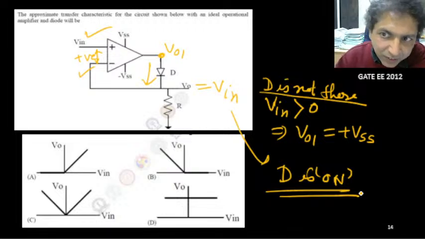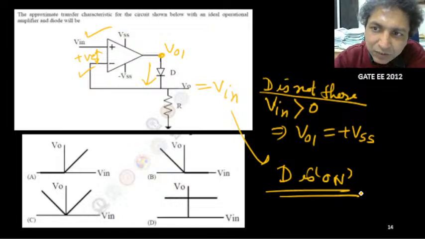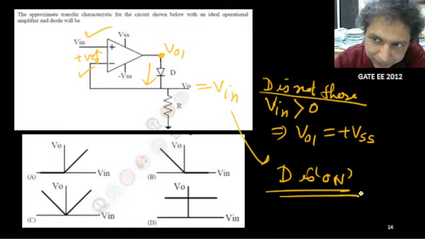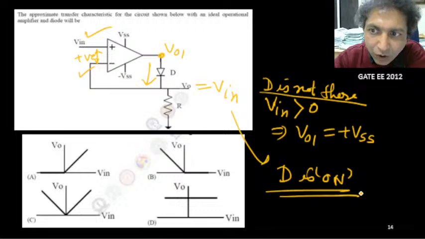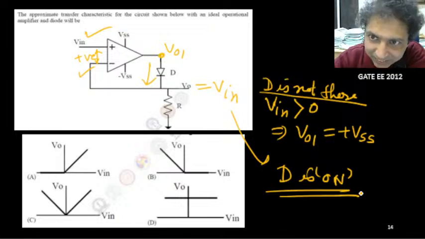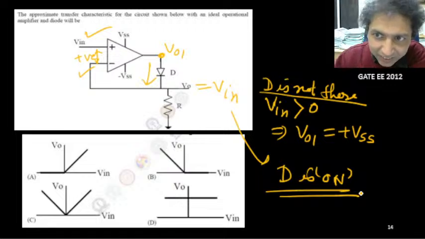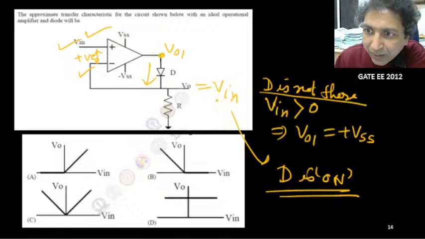If V in is positive, we get a very high potential at the output of the op amp, and that will make the diode on. As the diode is on, the circuit is closed with negative feedback. Now it is readjusted, and V in and V out will be the same potential. Because of negative feedback, the output is the same as V in, but the diode is conducting.